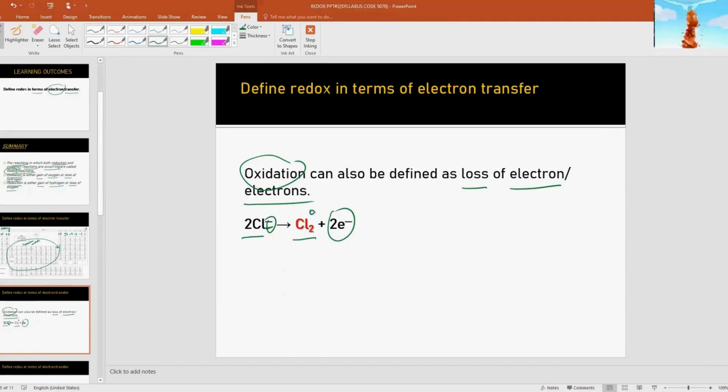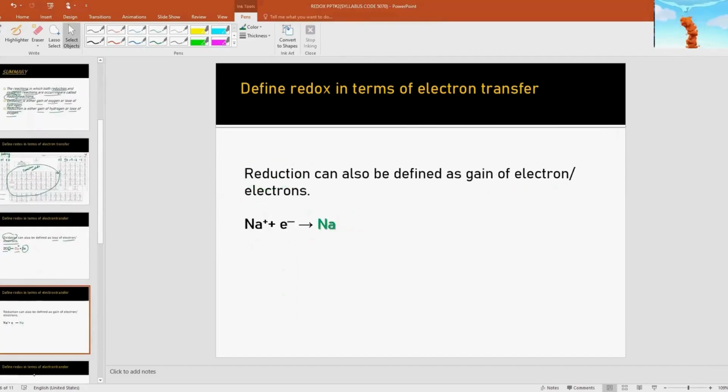Let me write 0 like this. Remember this point: when there is no charge either on the atom, molecule or compound, it means there must be zero charge on it. Reduction can also be defined as gain of electron or electrons.